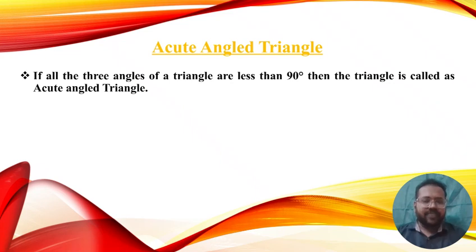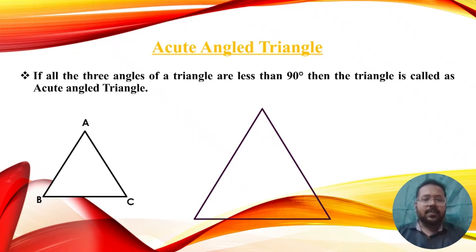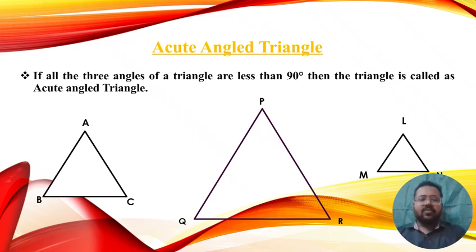Let's observe some figures. This is triangle ABC, this is triangle PQR, and this is triangle LMN. For verifying that the angles are less than 90 degrees, we are going to consider the triangle PQR, and let me bring the protractor here for this verification.